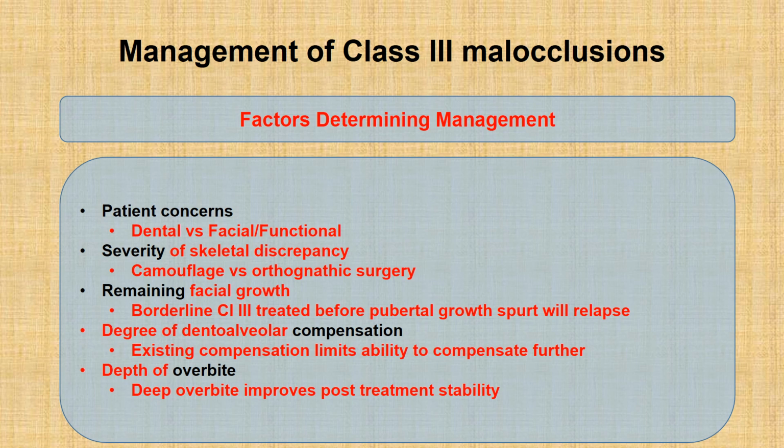Now, the degree of dentoalveolar compensation is also an important factor to consider, because if the dental arches are already compensated, then it is difficult to correct with just corrective orthodontics or camouflage orthodontics, because there is no more room to compensate further. Now, depth of overbite is an important consideration in the stability of the final treatment. Adequate overbite will ensure that any crossbite or reverse overjet correction remains stable.